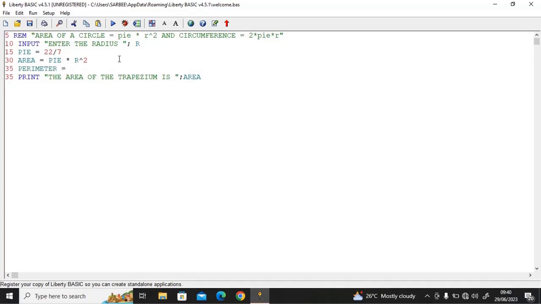So it's going to be 2 times pi times r. This is how it's going to be. So the area of the circle, perimeter and circumference are the same thing, but some people may be confused. So let me put circumference here.